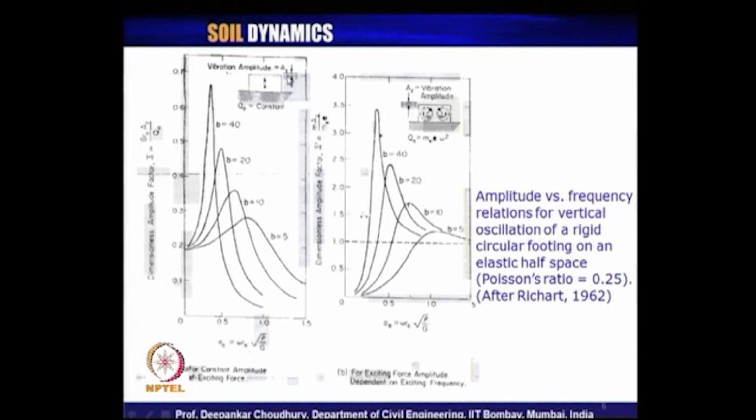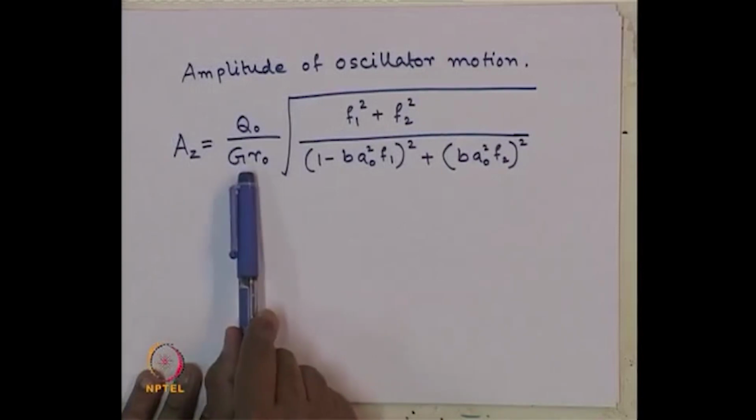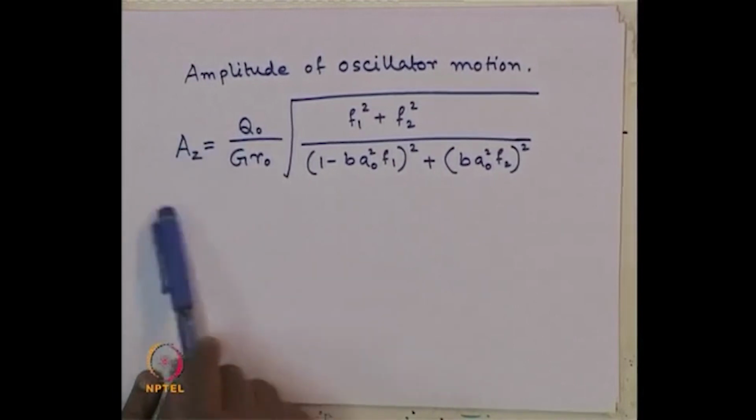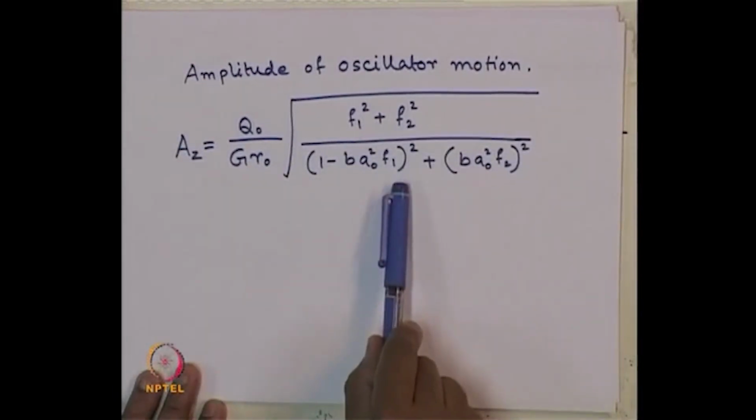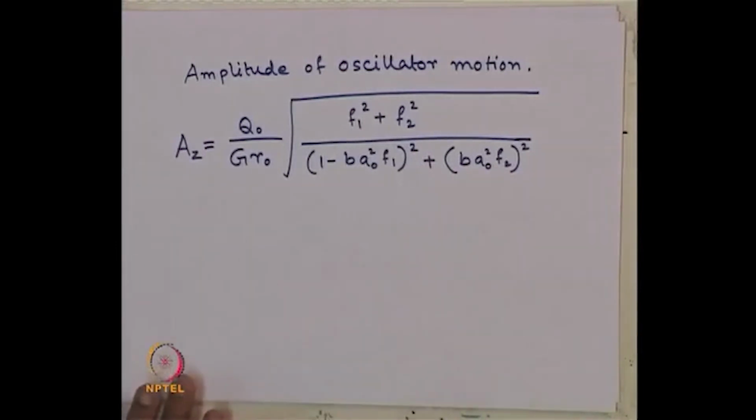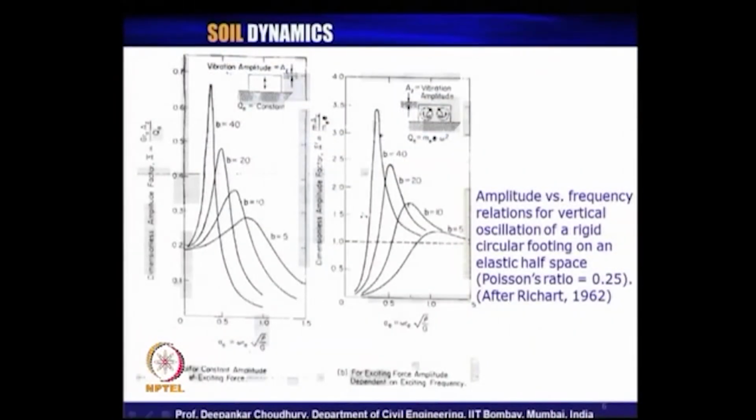So, the vibration amplitude A z expression whatever we have given, if you take this g r naught here and q naught here, it will become dimensionless, which are functions of f 1, f 2, b and a naught. So, for different values of b and for different values of a naught, they will change.